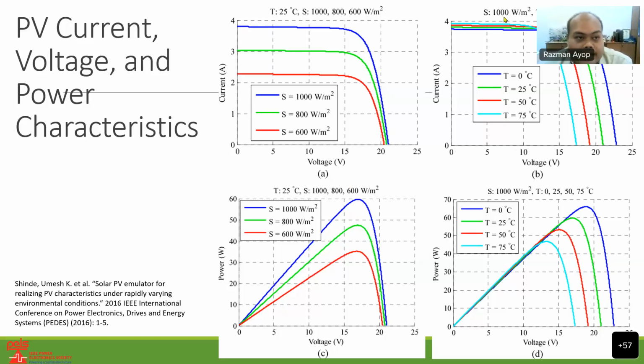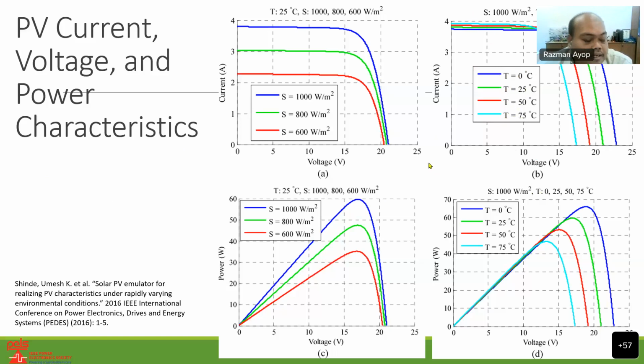Besides the irradiance, temperature also affects the PV. You can see here, when the temperature increases, the current slightly increases. This is the module temperature, not the ambient temperature. Make sure you know the difference between the module temperature and the ambient temperature.